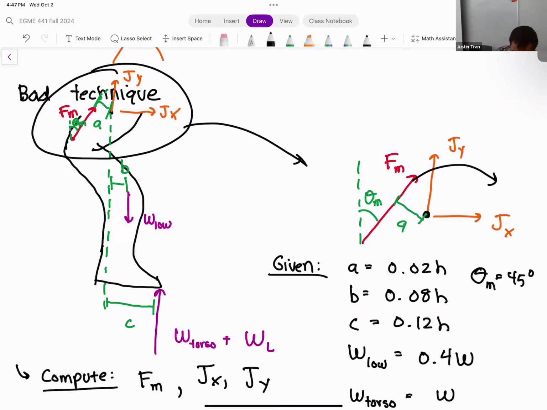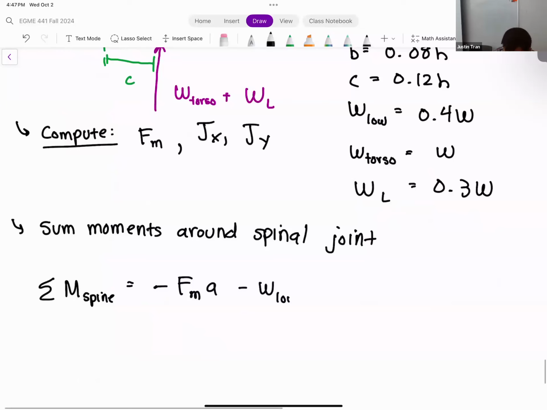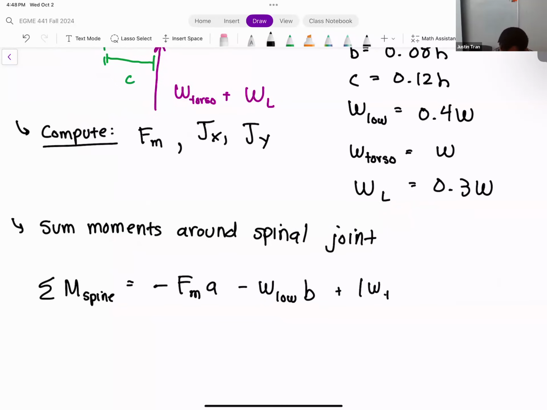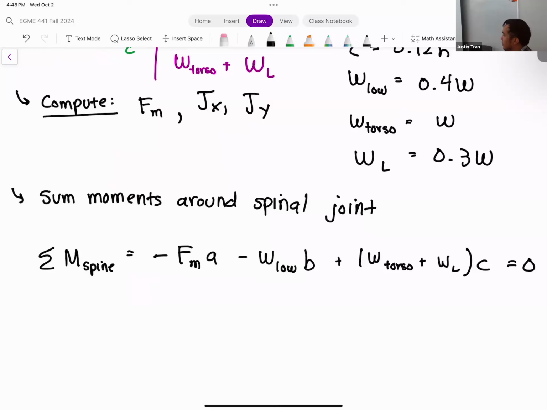If we trace this around the joint, we can see that it's going clockwise, so we have a minus W low multiplied by B. And then by process of elimination, since you can't have all negative moments in a static situation, we know that the combination of weight torso plus WL has to be positive, multiplied by its moment arm, which is C. You can verify that direction too: going back up to the figure, W torso and WL rotate counterclockwise around the joint, so it should be a positive moment.